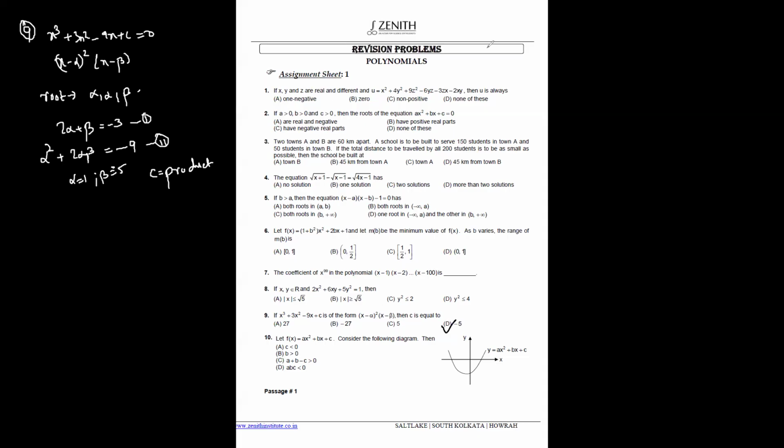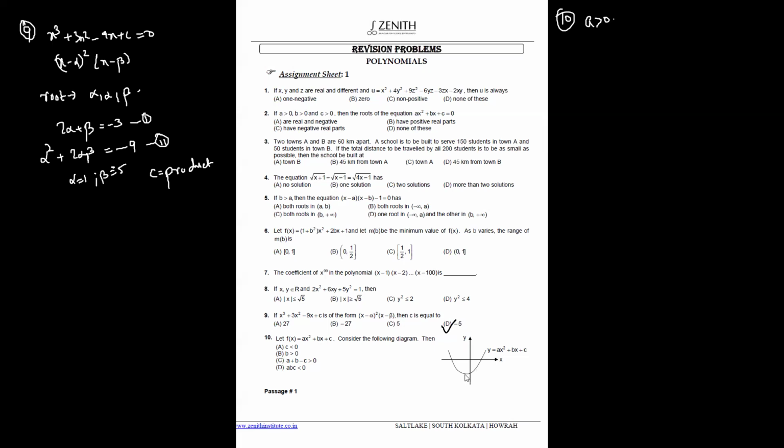Okay, next question number 10. Consider the following diagram, and we have to comment on what will be the values of some expressions. First, it's an upward opening parabola, so that tells us A is greater than 0 for sure.